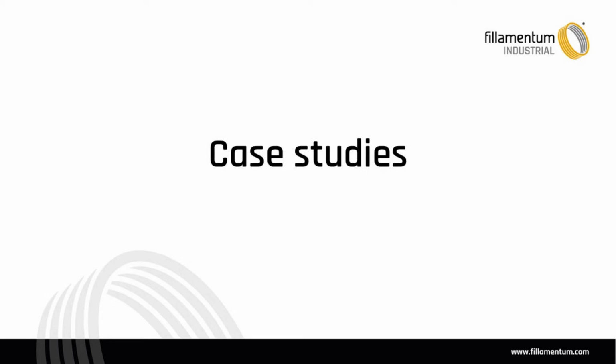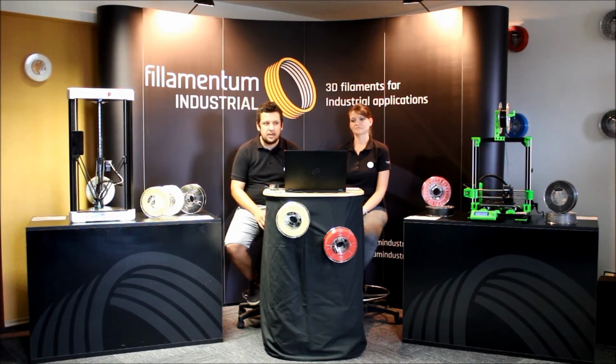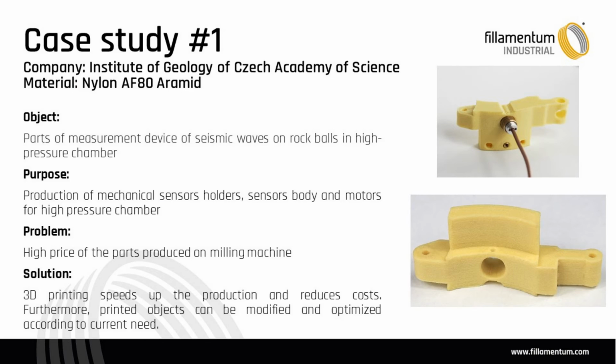Okay, also we have prepared some case studies for you to show the wide use of this material in industry. The first one is from the Institute of Geology of the Czech Academy of Sciences, and the use of nylon IF80 aramid.